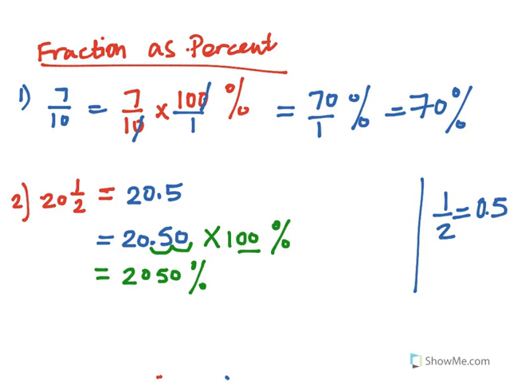Let's do one more example. Say 1 over 50, for example. I have to convert this into a percent, that means I am multiplying it with 100.